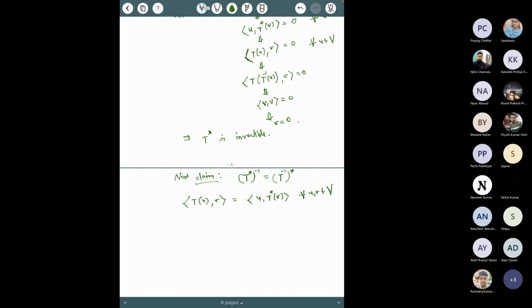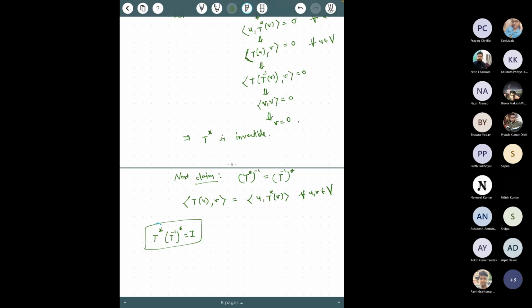Then I should be able to show that T star multiplied by this T inverse star should be identity, right? If I want to say that this quantity is an inverse of this, then I should be able to show that this is true.